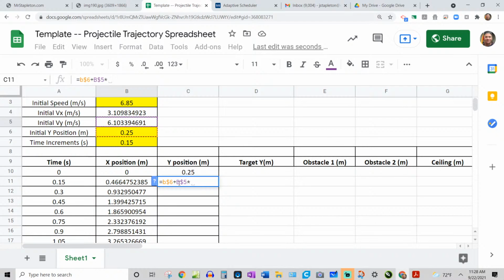And that needs to be multiplied by the time, which doesn't need a $ sign, because as I copy this, the time's going to increase and the position's going to increase. So there's V0t plus 0.5 times 9.8 times the time squared. And I think this should be right.